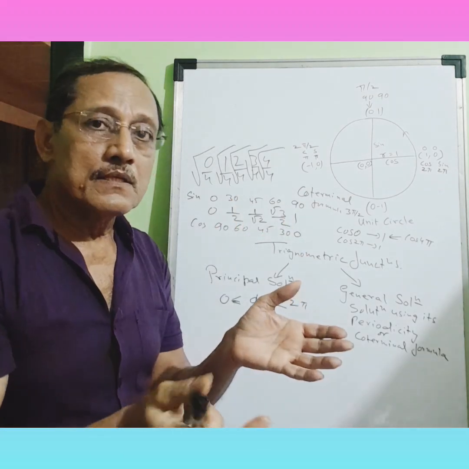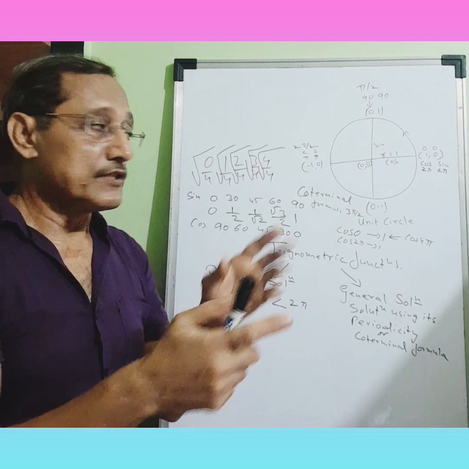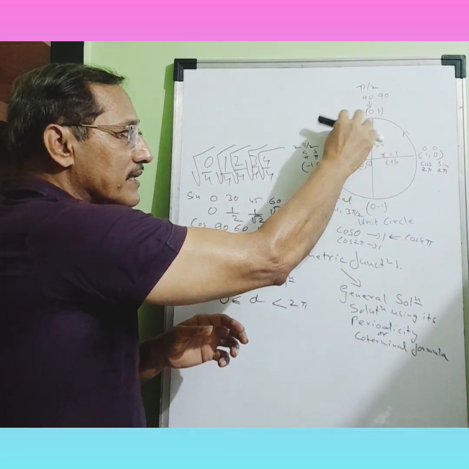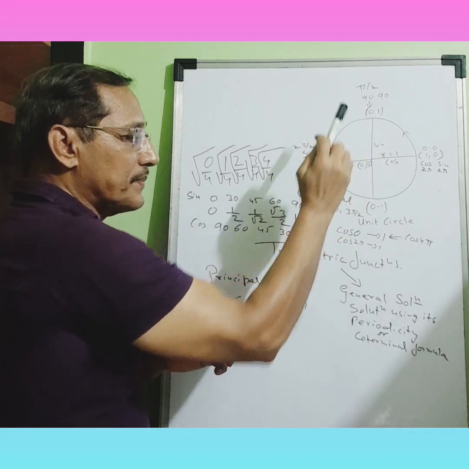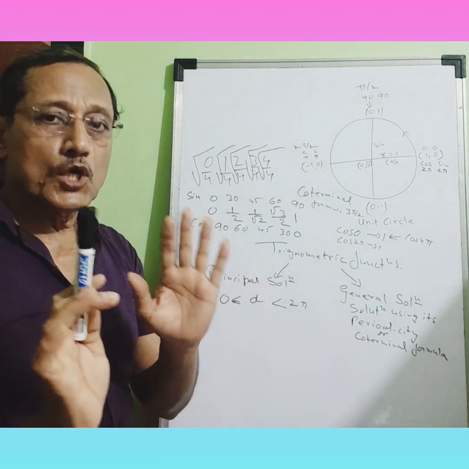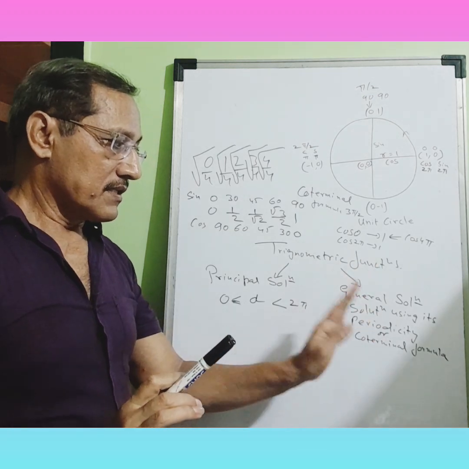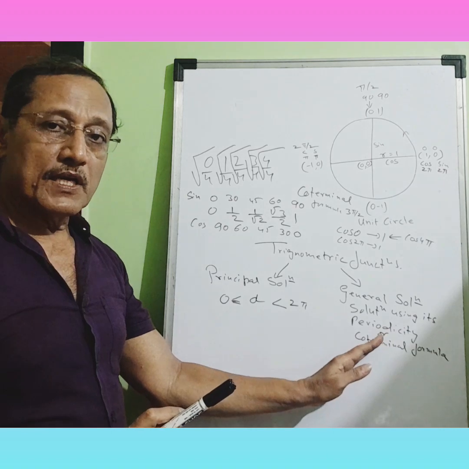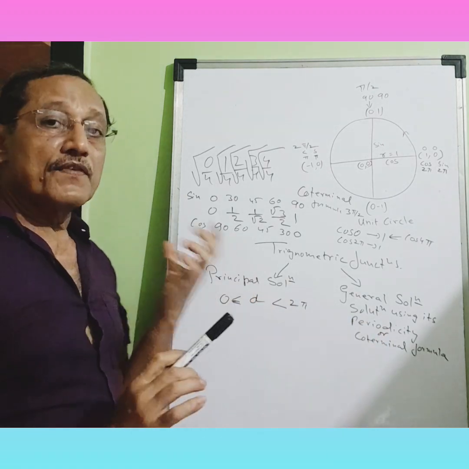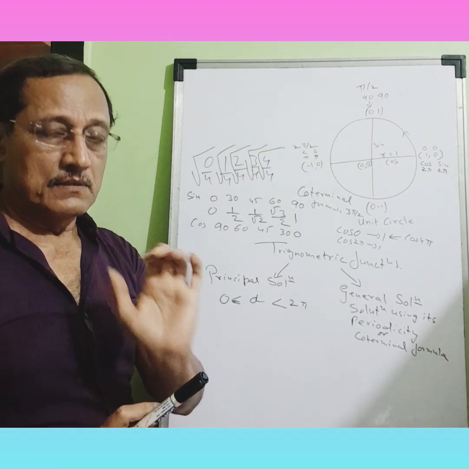Periodicity means that the value keeps on repeating after a particular interval. So 2 pi, the value repeats; 2 pi, the value repeats. That is coterminal or periodicity. So the general solution basically uses periodicity or the coterminal formula, whereas here we require knowing the allied angle concept.